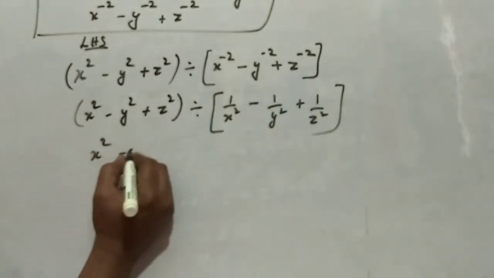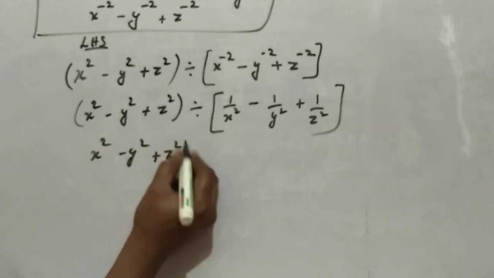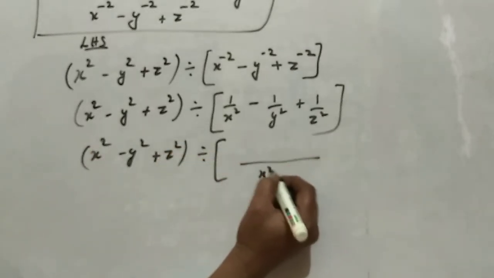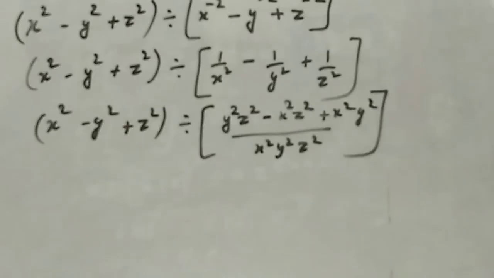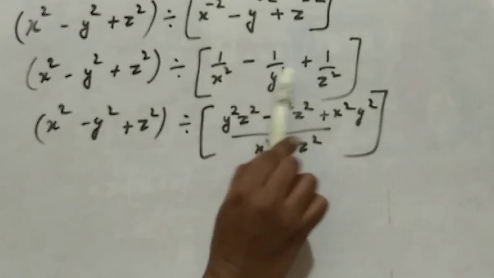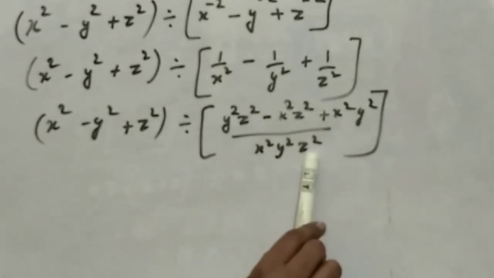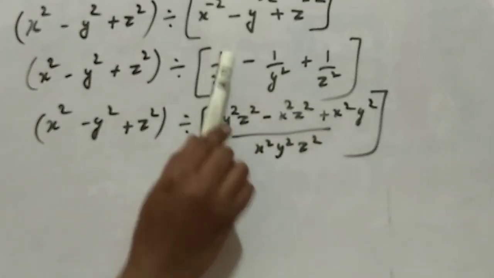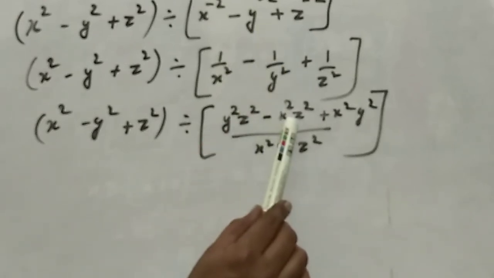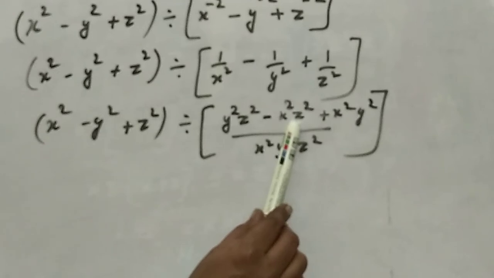So (x² − y² + z²) divided by x²y²z². Here we have to see x², y², z². Therefore, take the LCM. First one, x² is there, so y²z² we have to multiply. Second one, y² is there, therefore x²z² we have to multiply.